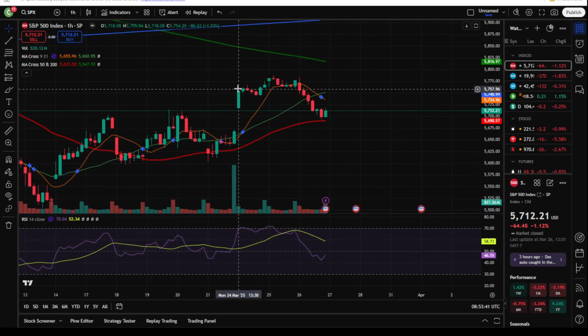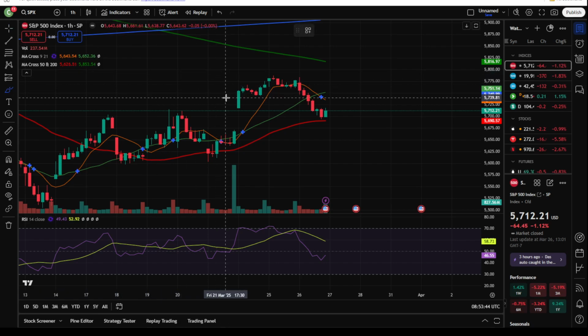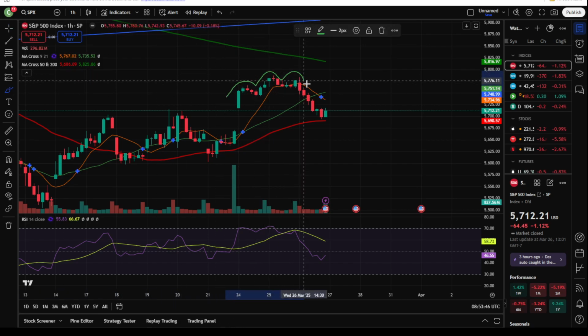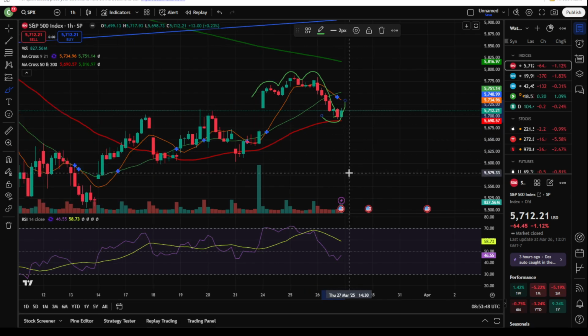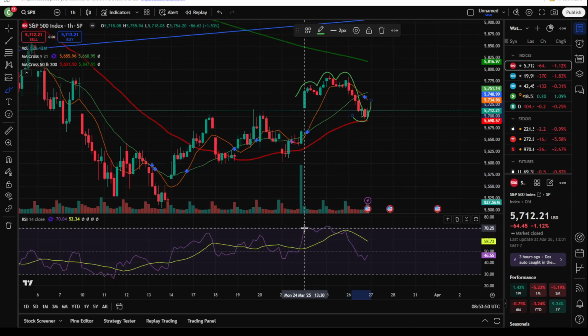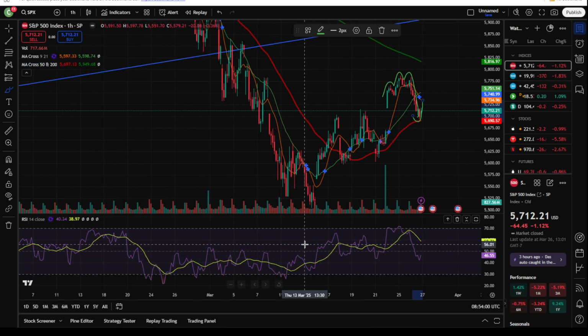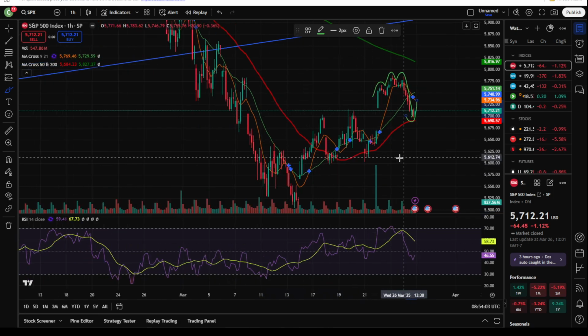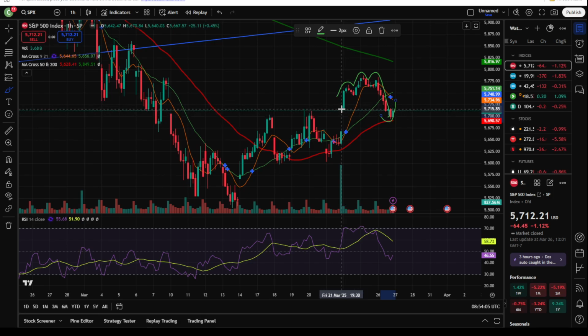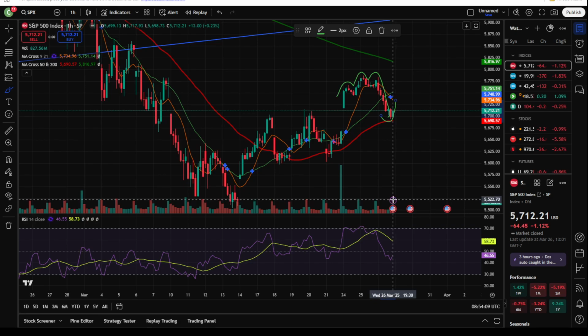My God. So you see these three hills here before it goes down a lot. RSI is pretty consistently going down, and it's showing negativity. And there's this huge gap here, right?